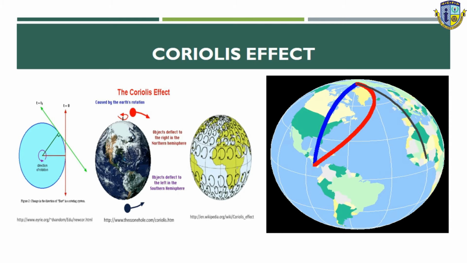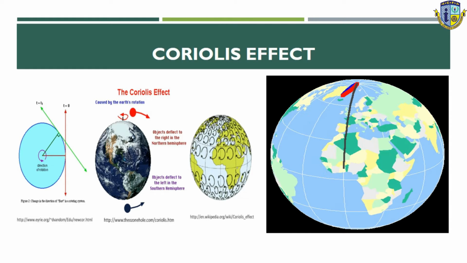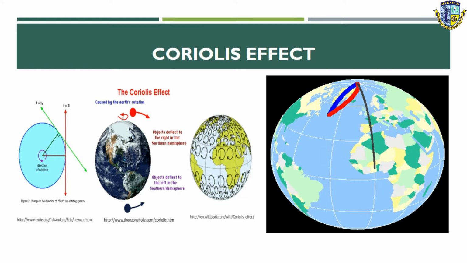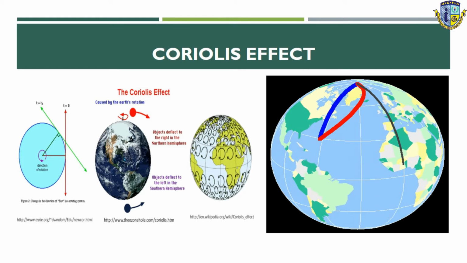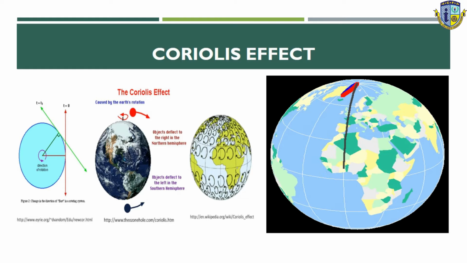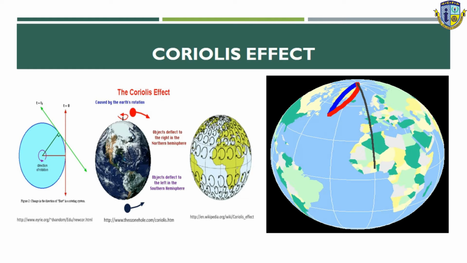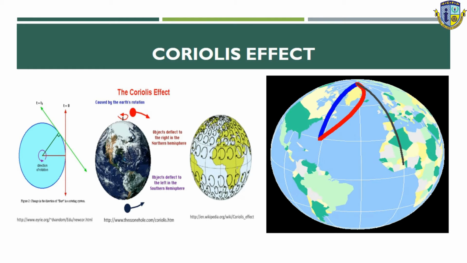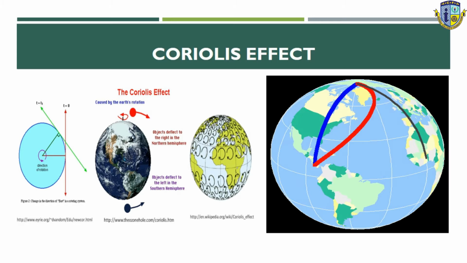Pretend that you are standing at the equator and you are throwing a ball in a straight line towards the North Pole. The path of the ball would be deflected to the right because of the Coriolis force, because the rotation at the poles is slower.